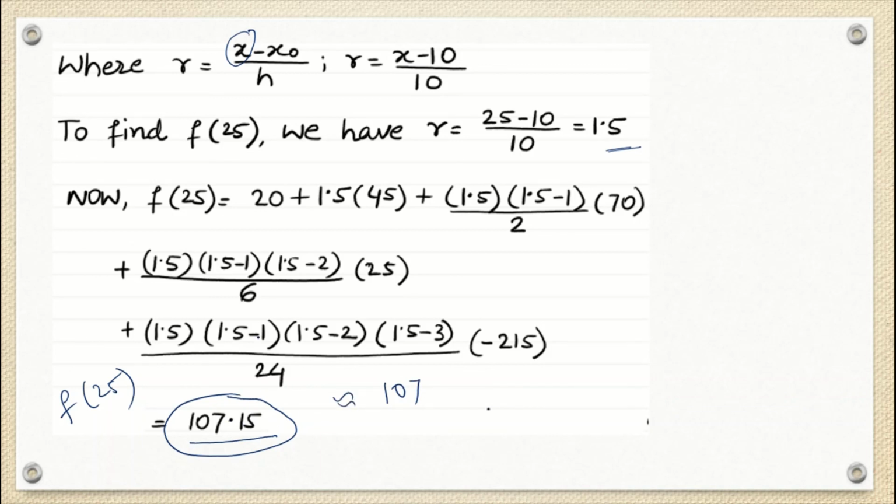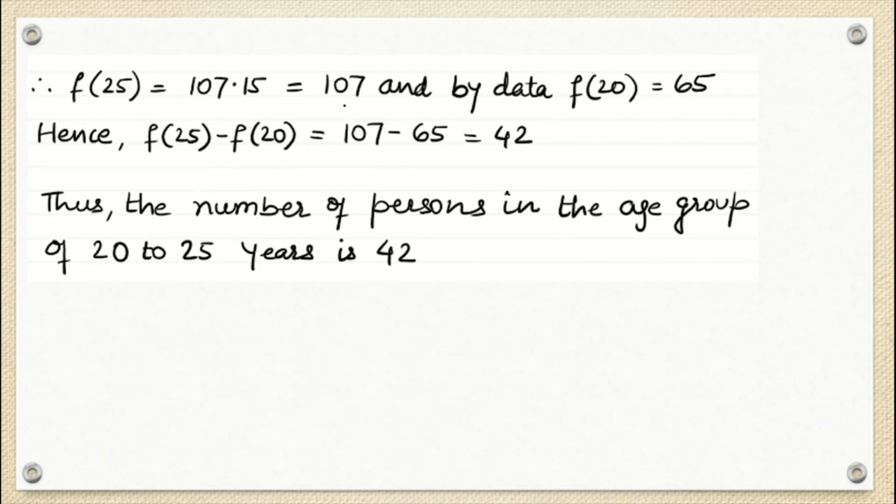So this is your 107, and by data we know that F20 is 65. Finally we subtract these two values, and the number of persons in the age group 20 to 25 is 42. This is the way we solve application questions of Newton's forward or backward interpolation.